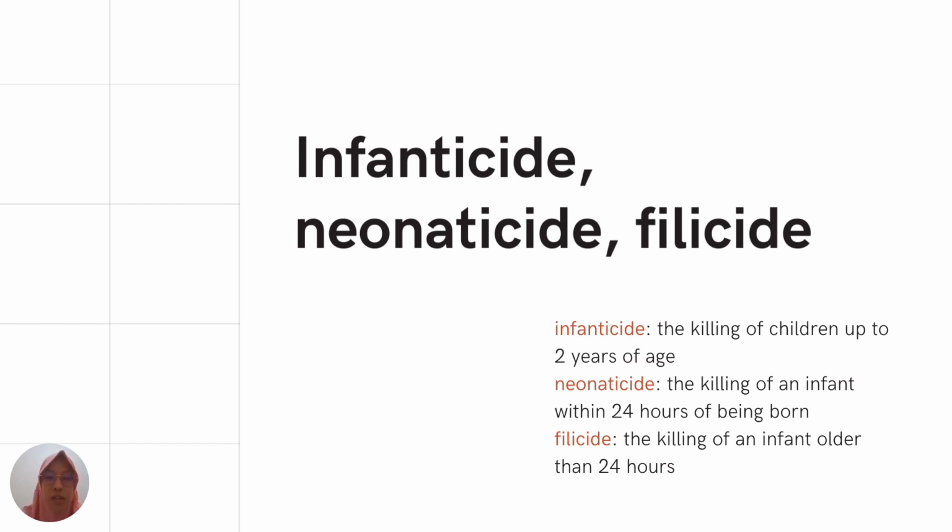Meanwhile, neonaticide and filicide are included in the category of infanticide. Neonaticide refers to the killing of an infant within 24 hours of being born, while filicide is the killing of an infant older than 24 hours. However, in criminal proceedings, usually the term infanticide is more often used.